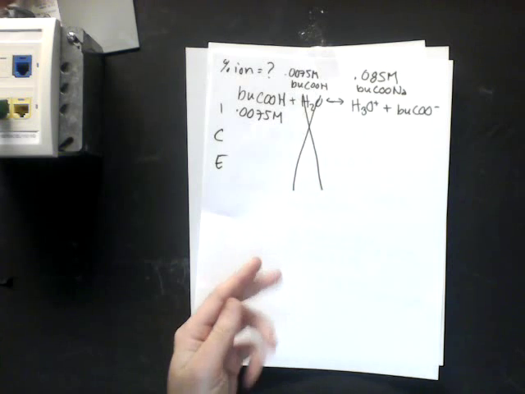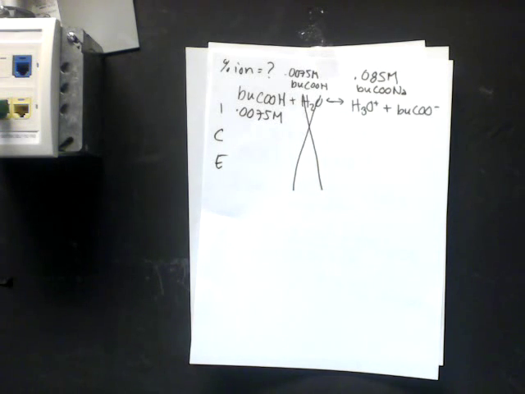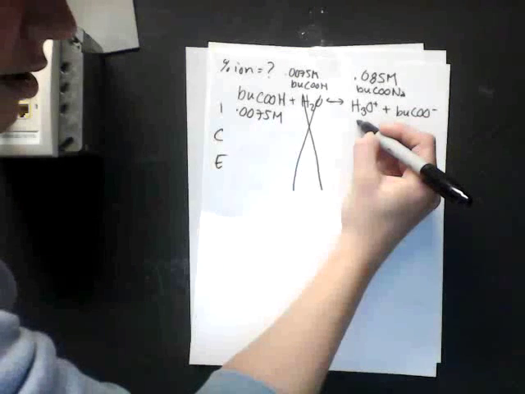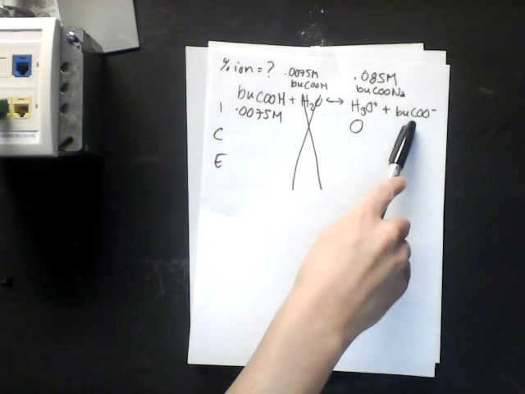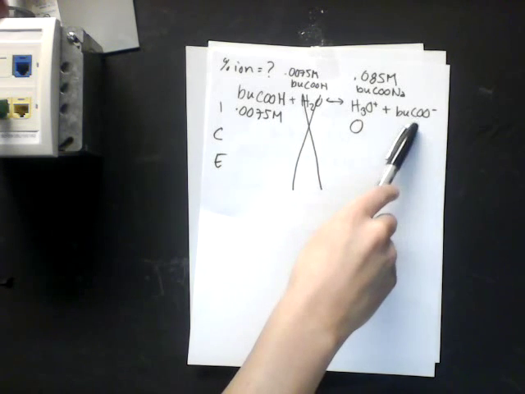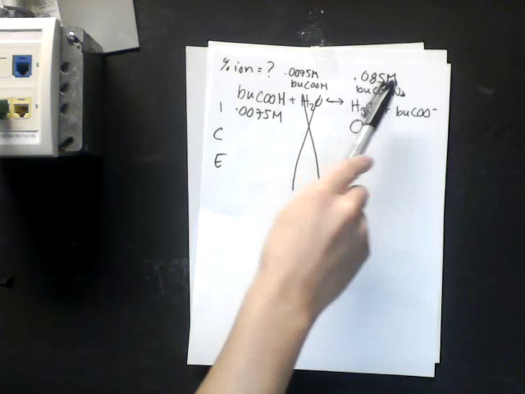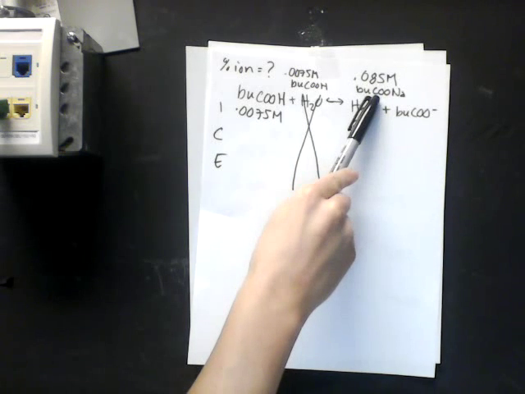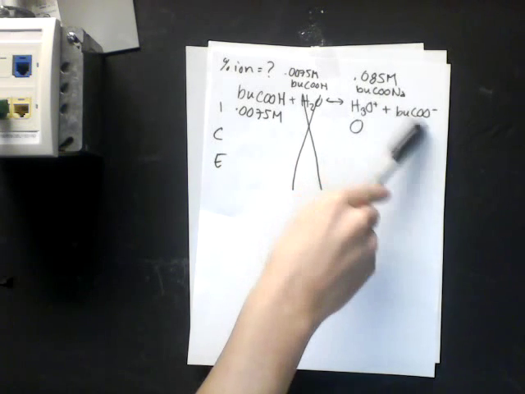Now, my H3O plus, or just H plus if you're using the method you did previously, is going to be 0 again. I'm not doing anything to that. But what is this going to be? This is a product which is normally 0. They're actually giving me an initial value for this.